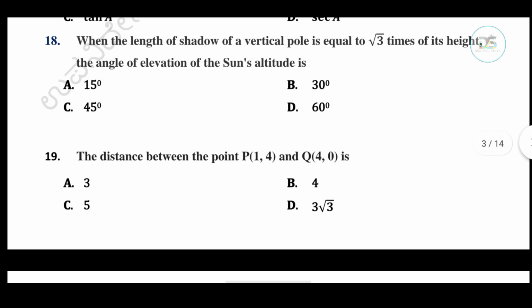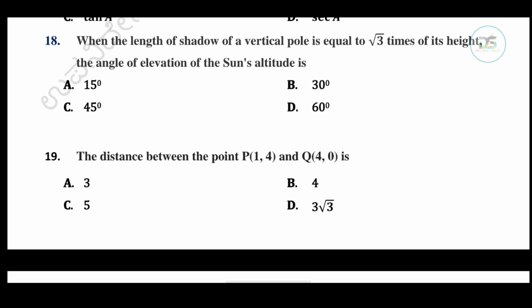When the length of shadow of vertical pole is equal to root 3 times of its height, the angle of elevation of the sun's altitude is, options are 15 degree, 30 degree, 45 degree, 60 degree. The right answer is option B, 30 degree.